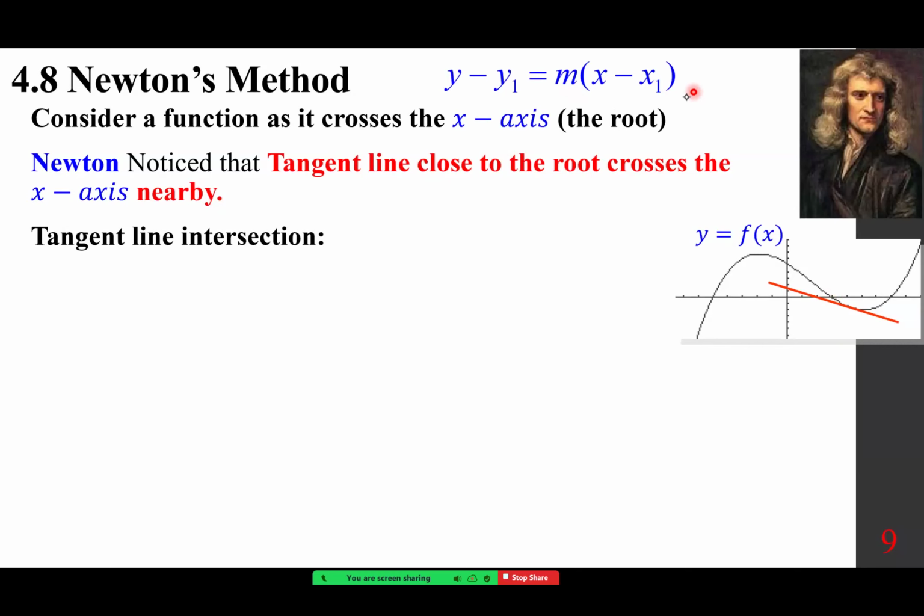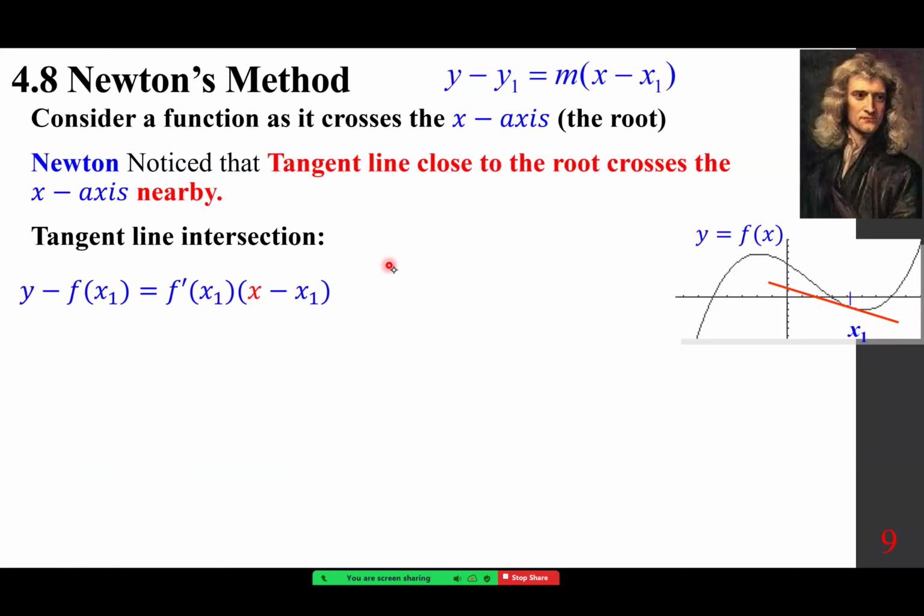If this point, the point of tangency, we call it x of 1, we can find the equation of a tangent line as y minus f of x of 1, right, minus y1 equals m, which is f prime of x of 1 times x minus x of 1. That's the equation of a tangent line. Of course, you have to move this to the right, simplify all of the above. But this is not what we want to do.